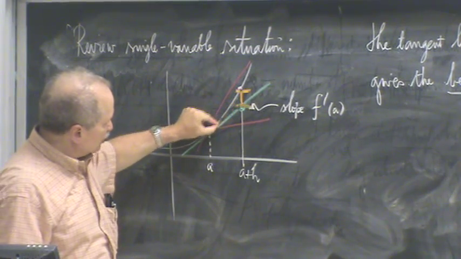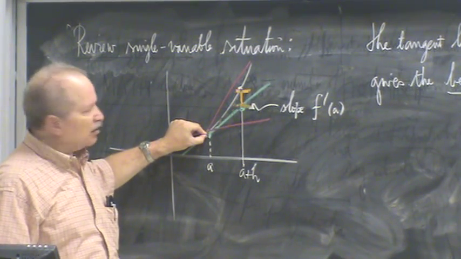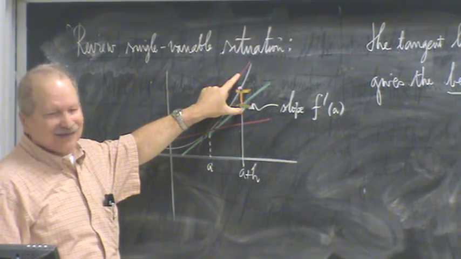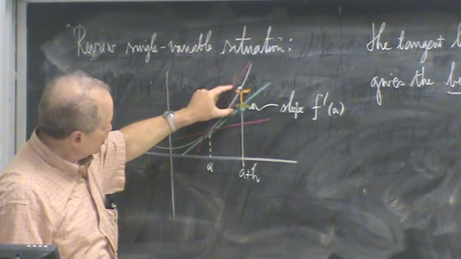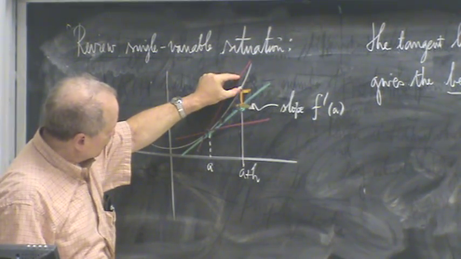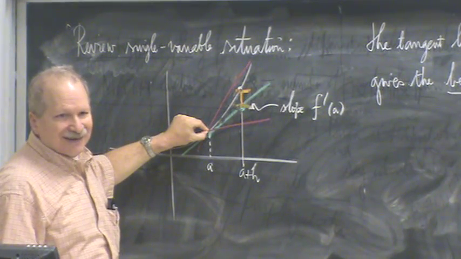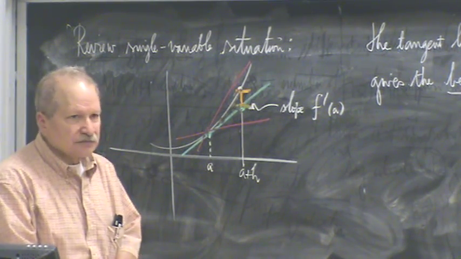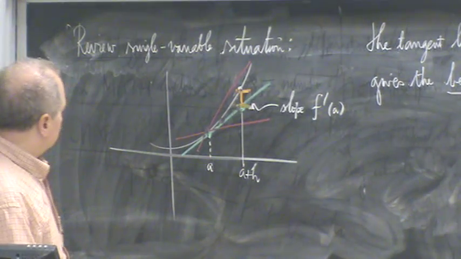And that error goes to 0 as I come into the point. Well, but it would do that if I did the red line as well. This error is also shrinking to 0. For every point, the error for the tangent line is smaller than all the other errors.